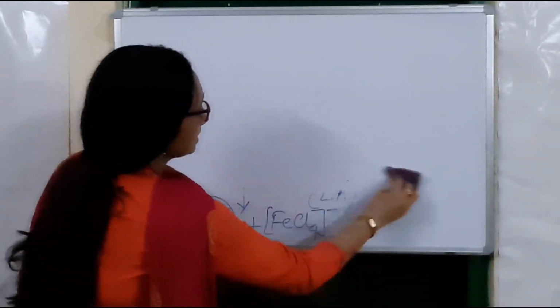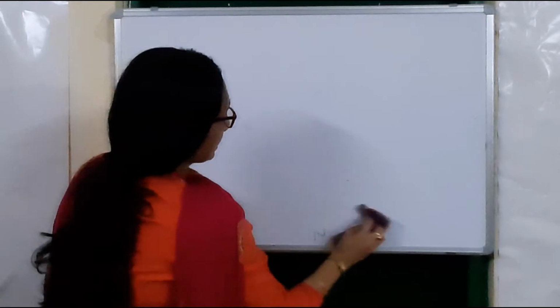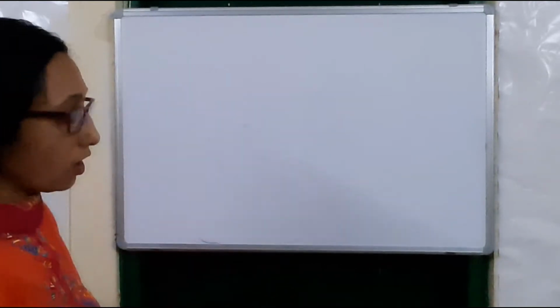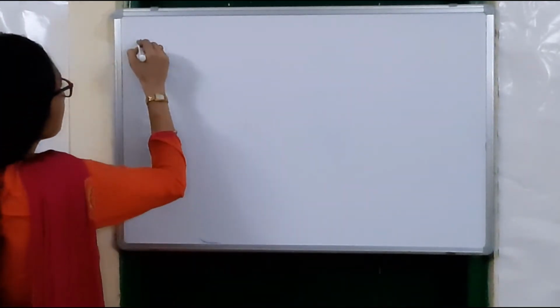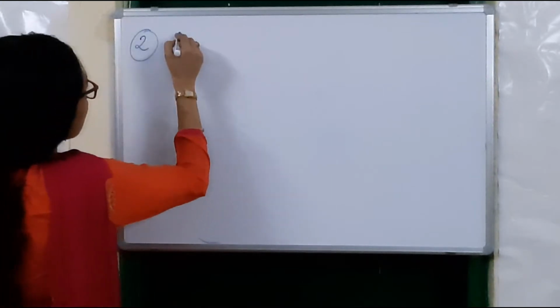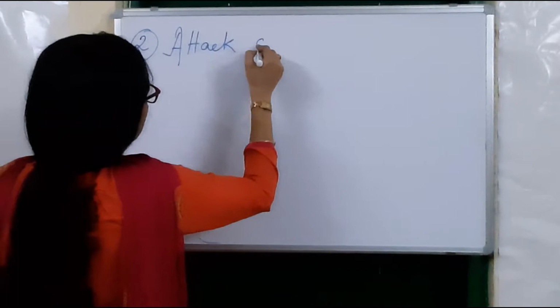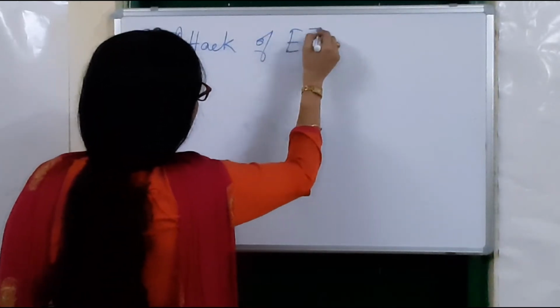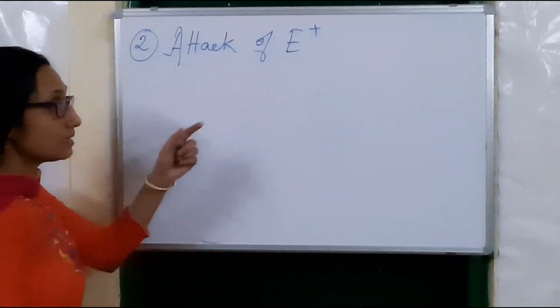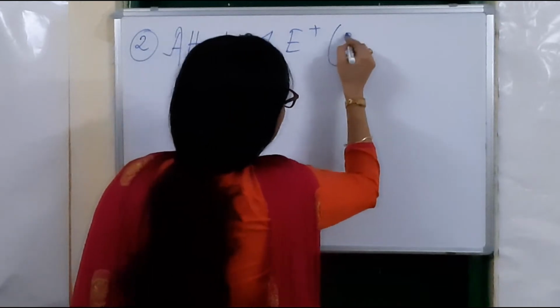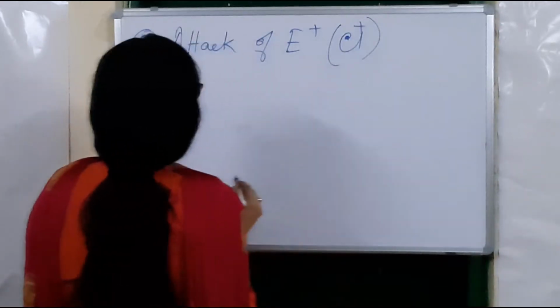Now let us see the second step. The second step will be attack of this electrophile. Attack of E plus. Let us see who will attack this E plus. In our case, E plus is Cl plus.